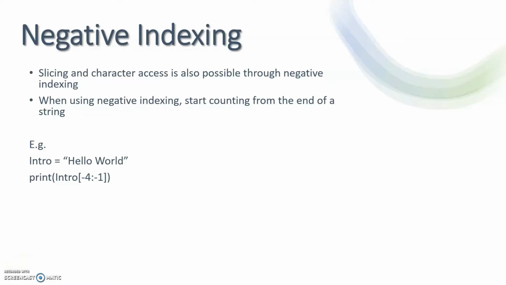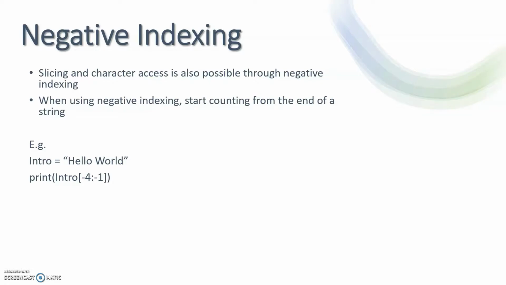So, in the previous video, we talked about slicing and character access using indexes or indexing your strings. Now, there's another form of indexing known as negative indexing in Python. It's also possible to use negative indexing to access the various characters of a string using slicing or character access.